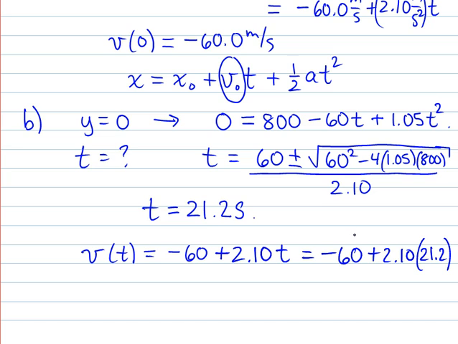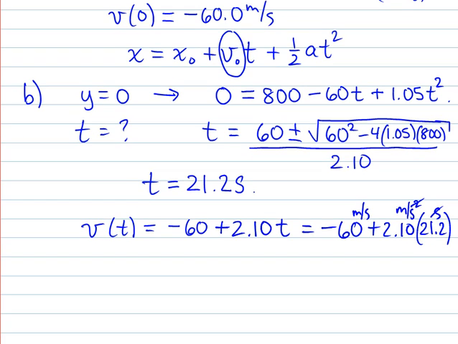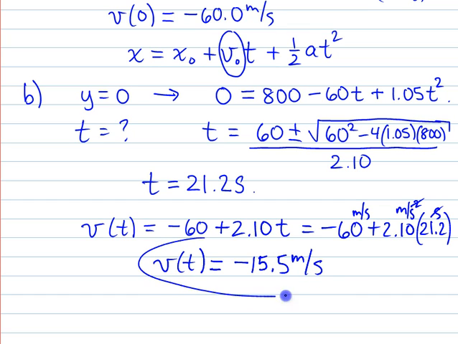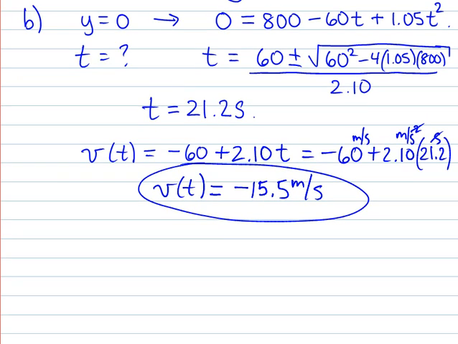And just a note on units, I have meters per second, and then meters per second squared and seconds, so those will cancel and everything will be in meters per second. So this velocity will turn out to be negative 15.5 meters per second.